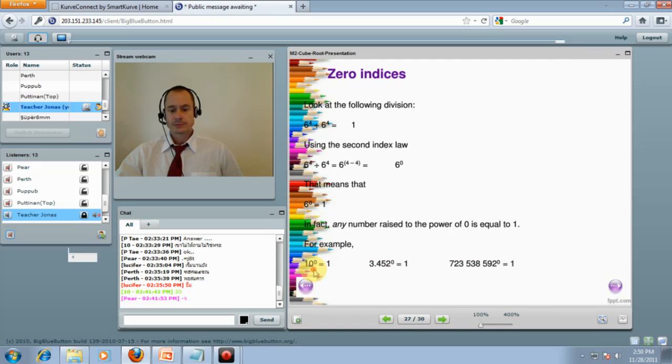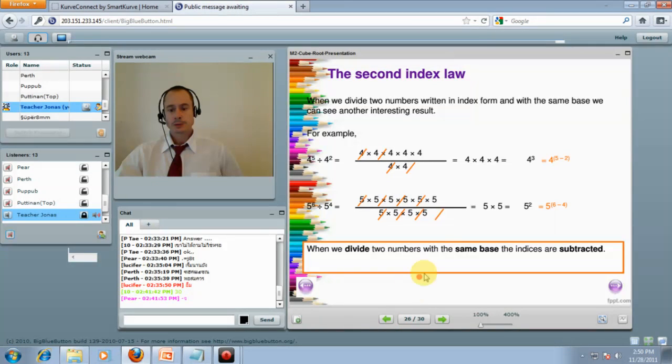For example, 10 to the power of 0 is 1, 3.452 to the power of 0 is 1, and anything to the power of 0 is 1. Because when you see the fraction, we go back here. If you have the same amount of 4's here divided by the same amount of 4's here, the answer will be 1.